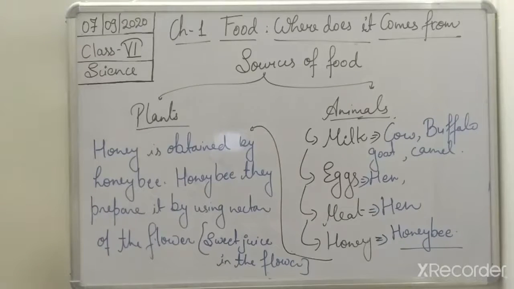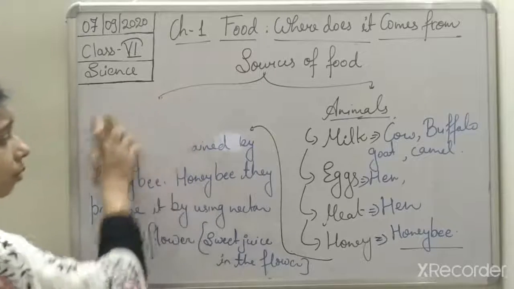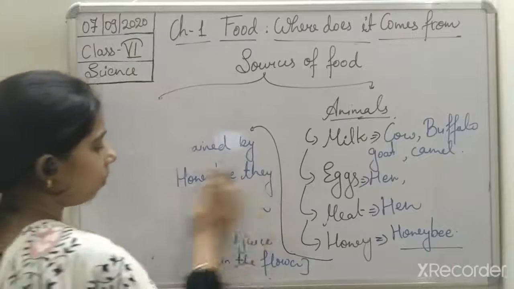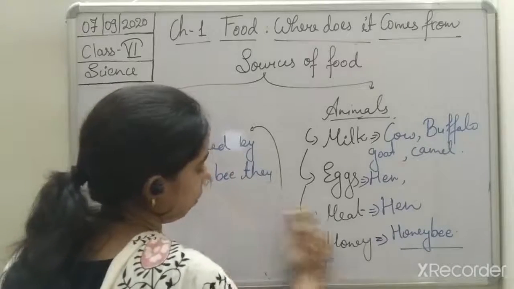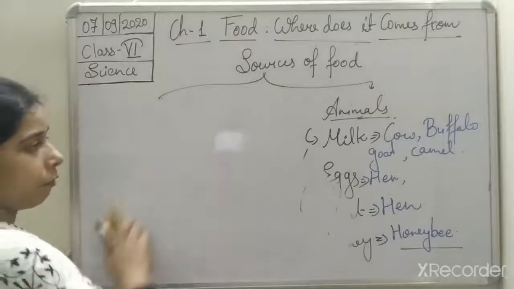Now we will discuss the next topic, and that is plant products. So if we talk about plant products, students, what is it? The plants, the vegetables, the different food items that we get from the plant.